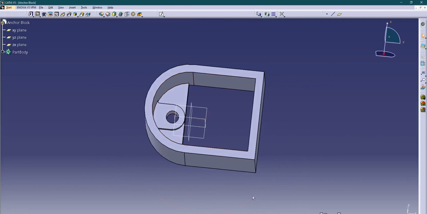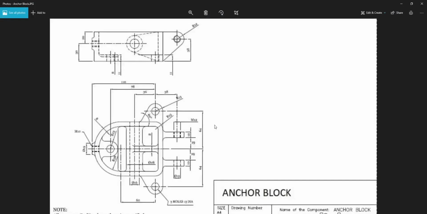Now for the next, checking in the top view, we see that there is a cylindrical feature which is connecting to these two plates. And the diameter is given as 28.